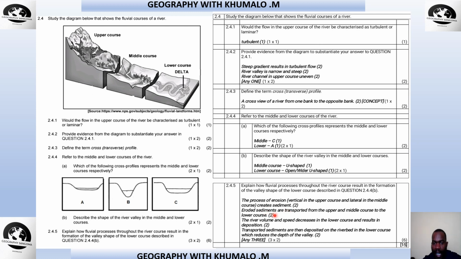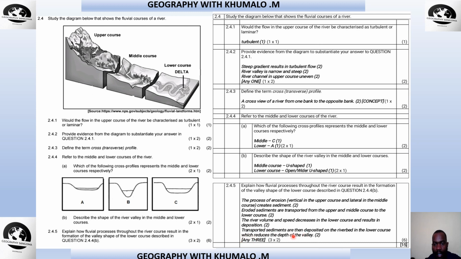We'll say the process of erosion, which is vertical in the upper course and lateral in the middle course, creates sediments. Then eroded sediments are transported from the upper course and middle course to the lower course. The river volume and speed decrease in the lower course and result in more deposition.